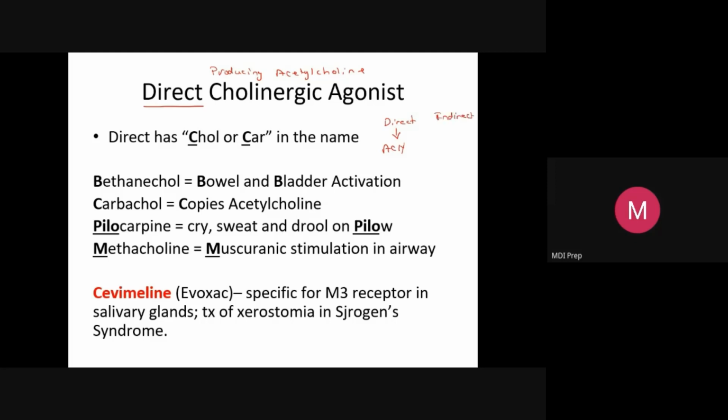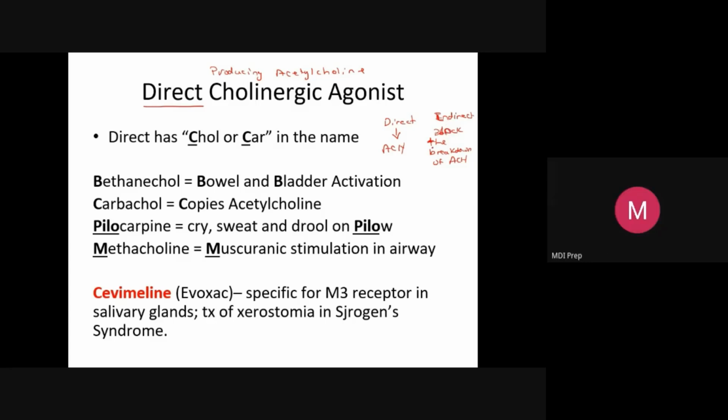Indirect is I block the breakdown of acetylcholine. If I block the breakdown of acetylcholine, my acetylcholine does not decrease, does it? No. It stays the same or goes higher. Does everybody understand that? Yes.